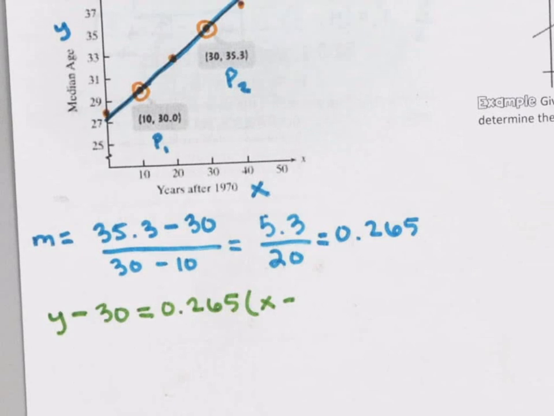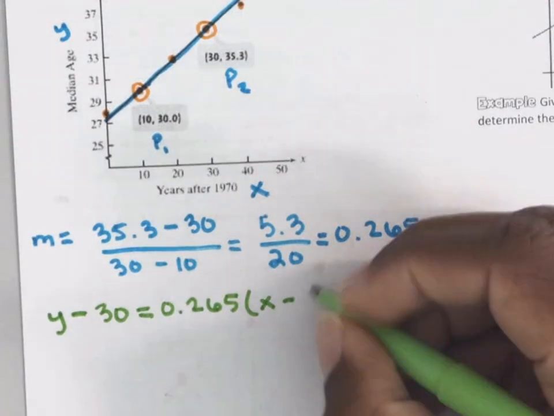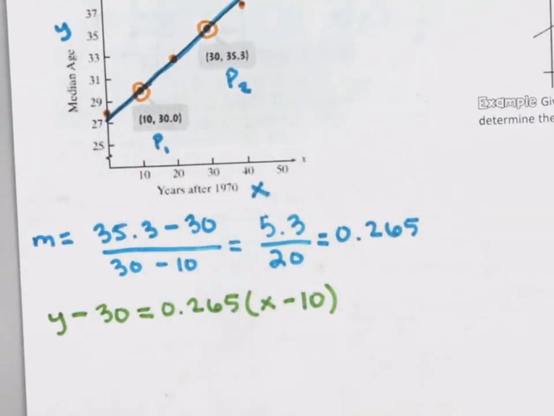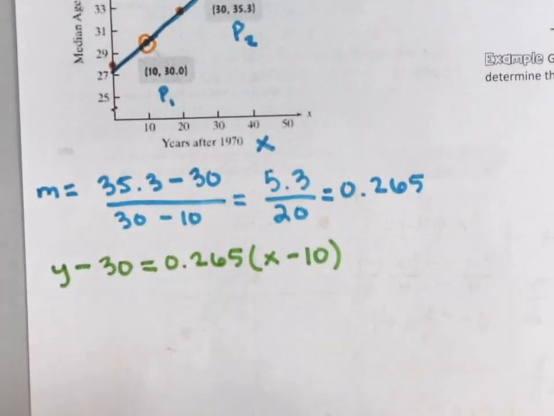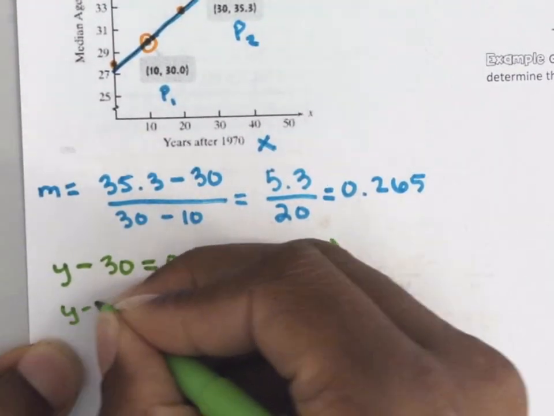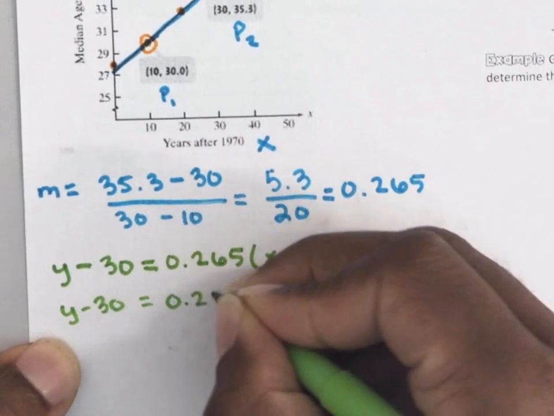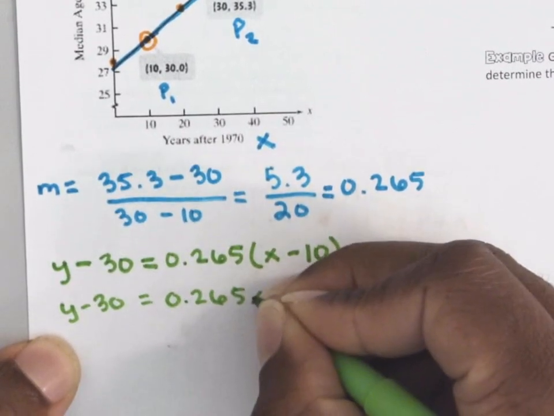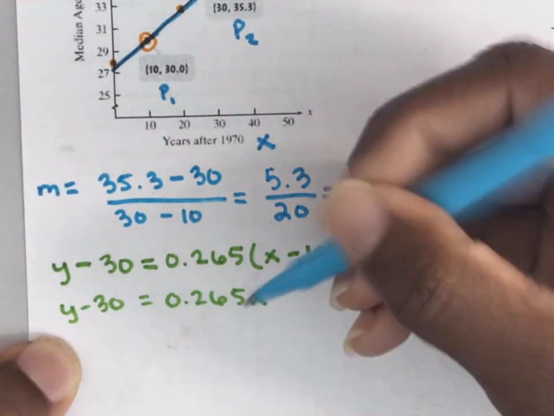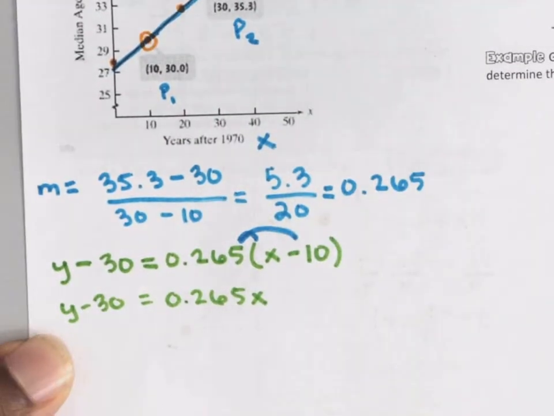From point 1, the x value is 10, right? Oh, yeah. So just like we've been doing, let's distribute this 0.265. 0.265 times x, and then 0.265 times negative 10.